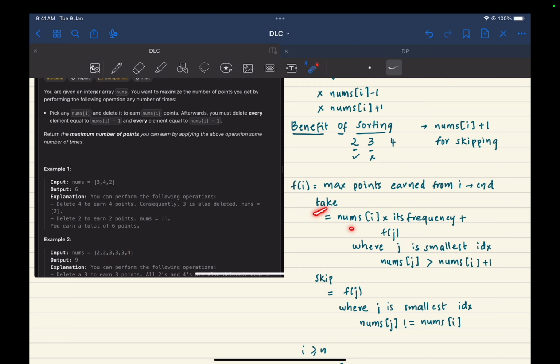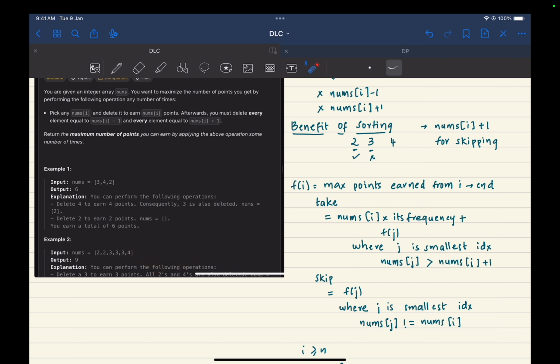If I choose to take nums[i], that means all the elements which are equal to nums[3], which is basically the frequency. If I know the frequency of the current number, then nums[i] times frequency will tell me the points I gain by taking all 3s, let's say. And we have to also get the answer for the remaining array.